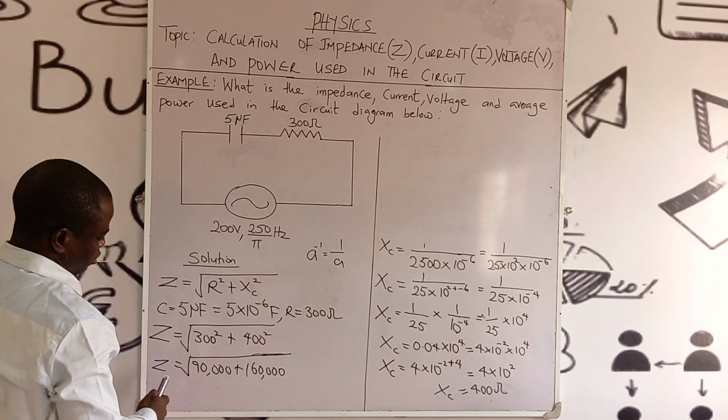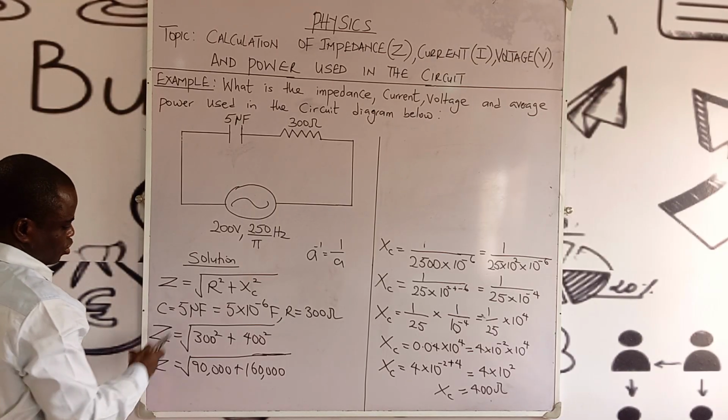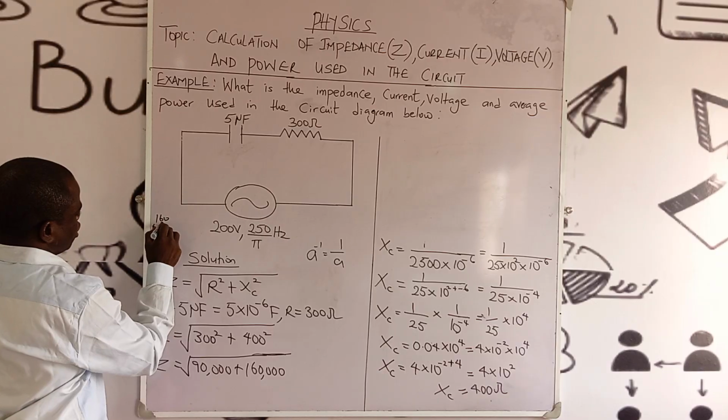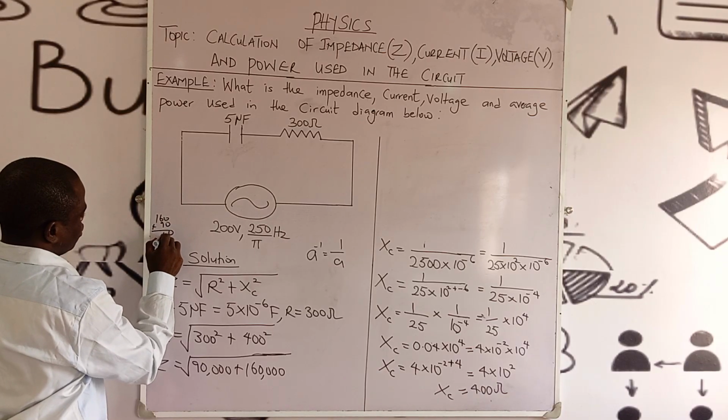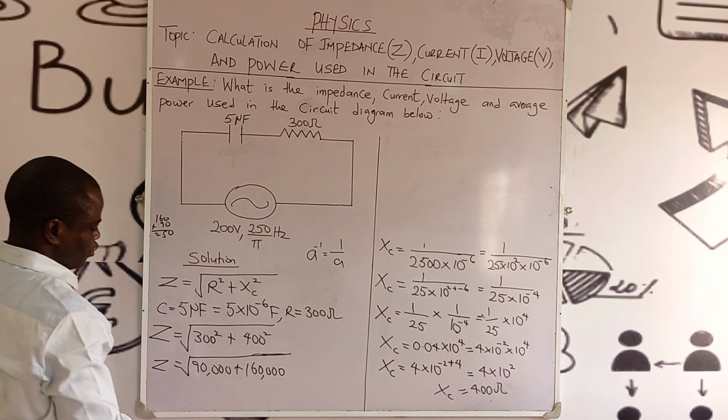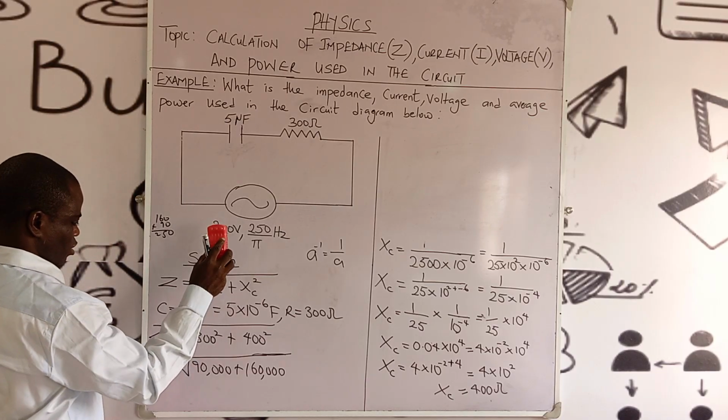When you add it together, you have 160 plus 90, that's 250,000.